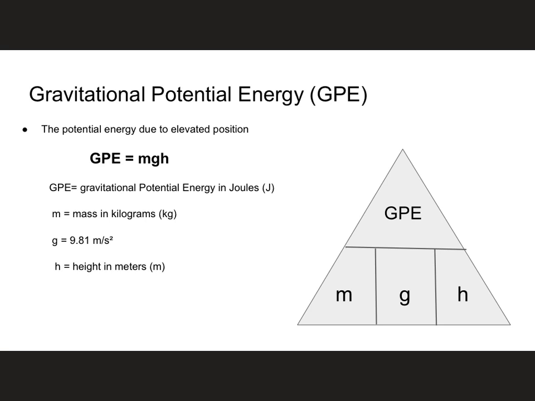That's always constant. It will be the same number in every problem. And then h means height in meters. The unit for GPE is always joules, or just J. You always want to remember to put your units in when you solve a problem.